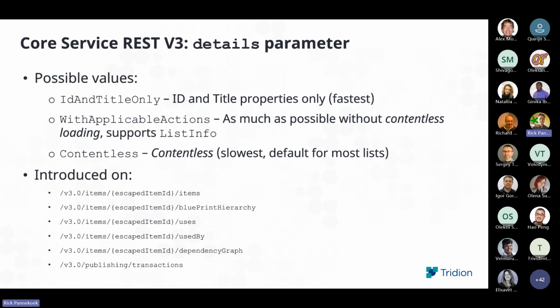But you see, we introduced it on the items list, so just basically used for navigation to give you items inside another organizational item or publication. So it's used to build a navigation tree, the blueprint hierarchy, the where used list, dependency graph, which is kind of where used in itself, and the publish transactions list, also known as publish queue.